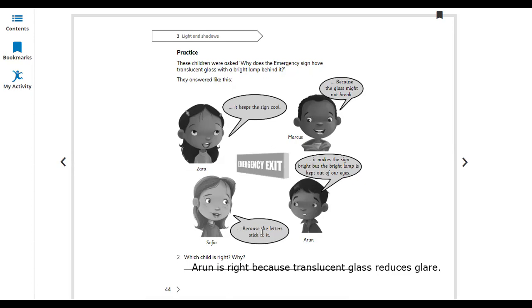Sophia said it's because the letters stick to it. Marcus said because the glass might not break. And Arun said it makes the sign bright, but the bright lamp is kept out of our eyes. So Arun is right. This is the actual reason. Okay, let's move to the next.